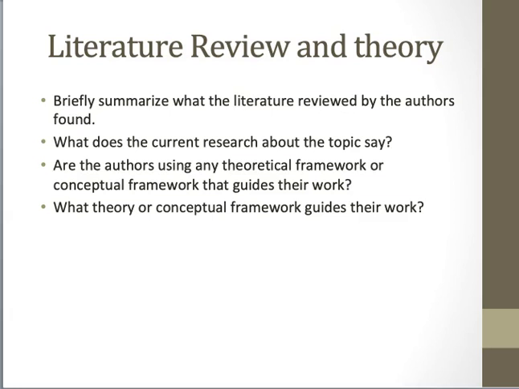What does the existing literature really say? Is there a lot of literature on this topic, or very little? If this is an exploratory study, there may not be a lot of literature. Again, just a brief summary of what the literature reviewed by the authors found.